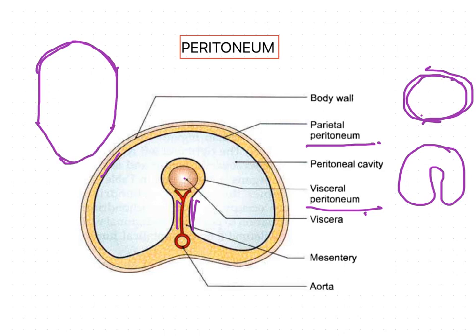So the inner layers of the walls and the lower surface of the diaphragm are surrounded by the parietal peritoneum, which is loosely attached to the walls by extraperitoneal connective tissue, a kind of areolar tissue. Therefore this layer can be easily stripped off.